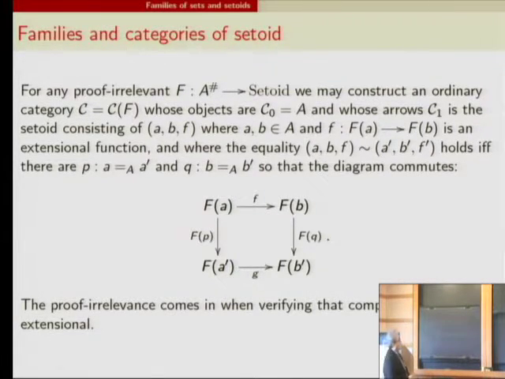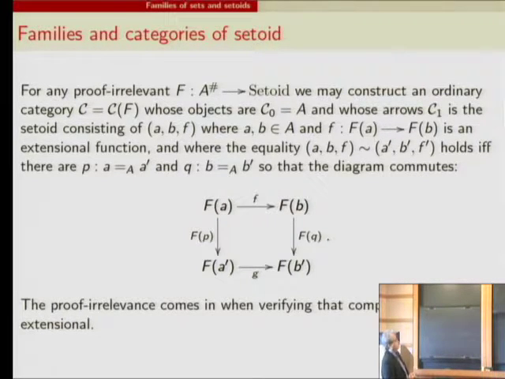So just a note here on how to make this: if you have any proof irrelevant family, we may construct a category from that whose objects are the elements of the index set and whose arrows are triples: domain, codomain, and an extensional function.